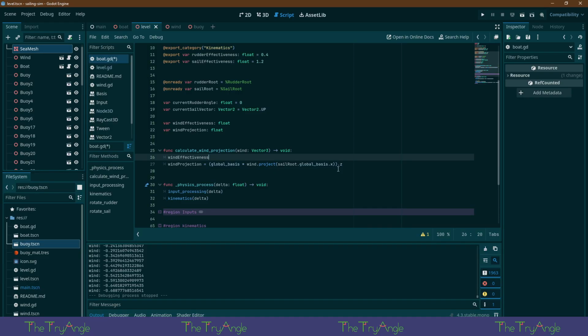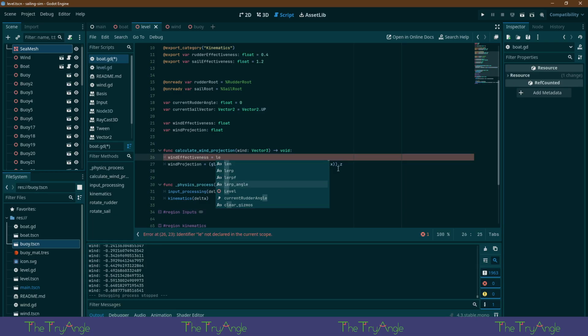Wind effectiveness. Some kind of angle. All right.